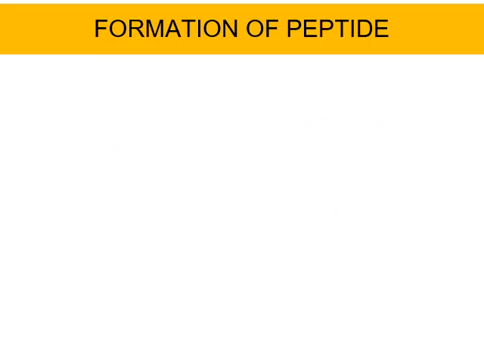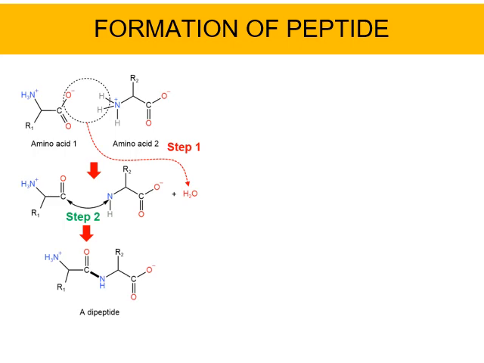We know that protein is made up of a polypeptide chain, which is a chain of different arrangements of amino acids. So how do these amino acids link together? We're going to look into how they form a peptide. Here you have two amino acids. The oxygen atom on the carboxyl group of the first amino acid will be removed together with the two hydrogen atoms from the amine group in the second amino acid.